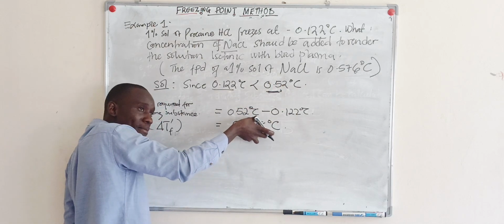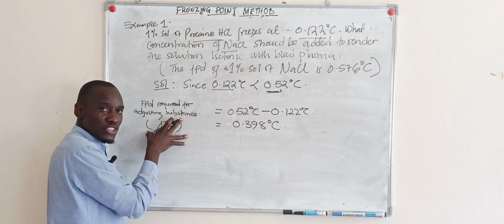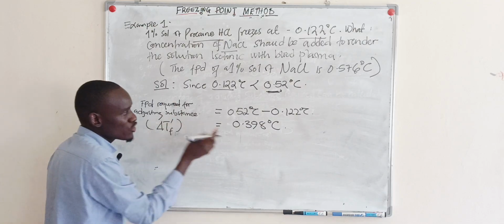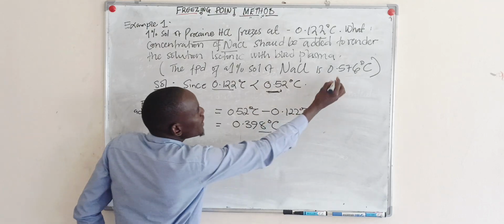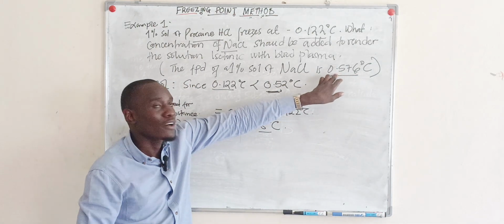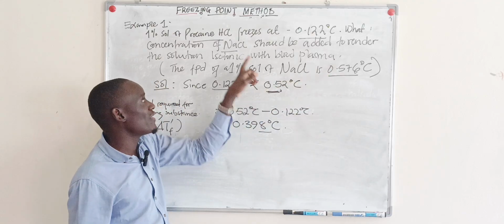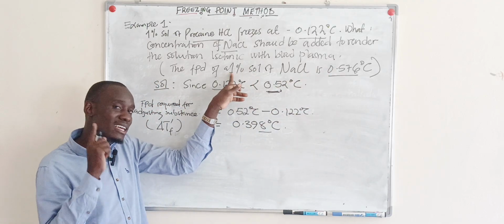Therefore, this remainder is what gives us the freezing point depression for the adjusting substance. So from this, we know that we already have the freezing point depression of the adjusting substance, which is in this case sodium chloride, and that is for the 1% solution.